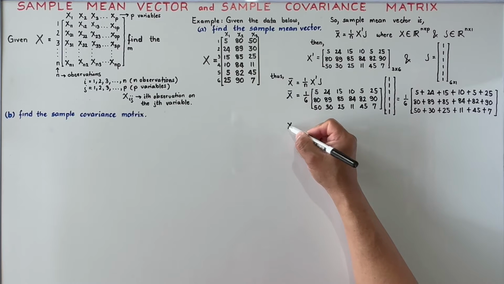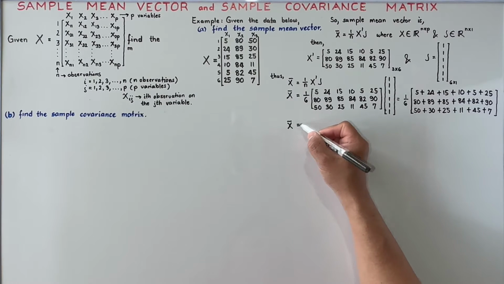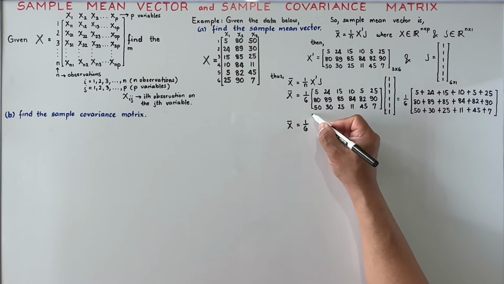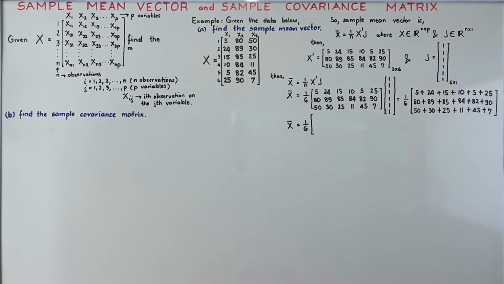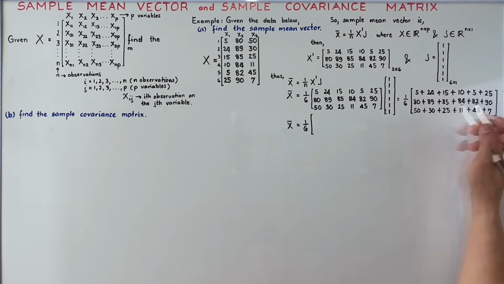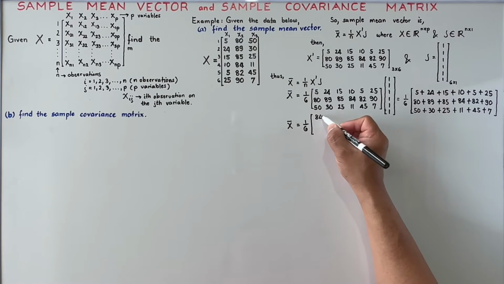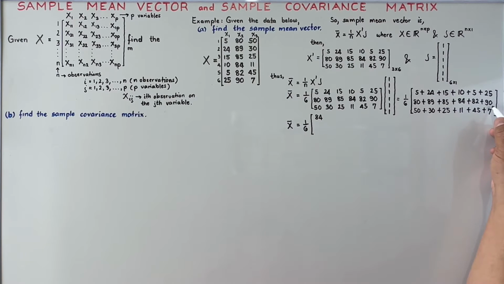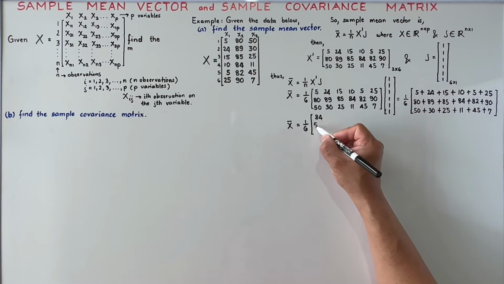So we have the sample mean vector is equal to 1 over 6 times a vector whose elements are the sums here. So we have the sum of these 6 numbers, which is 84. And then the sum of the second row is 510.